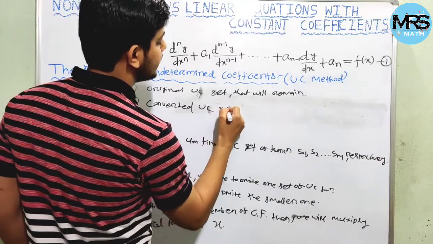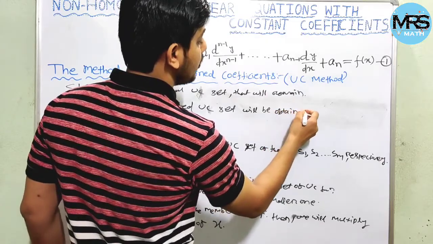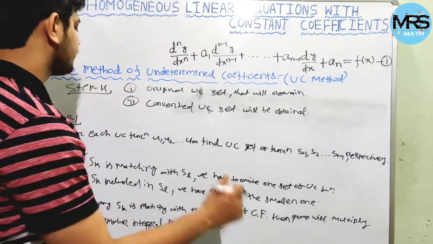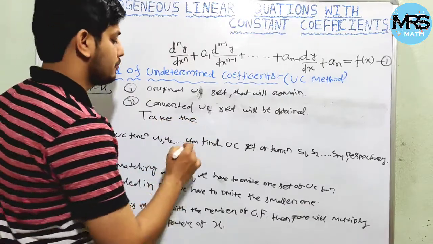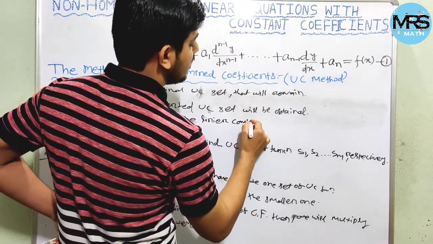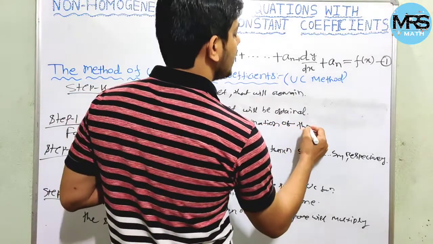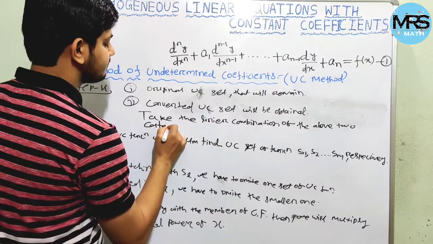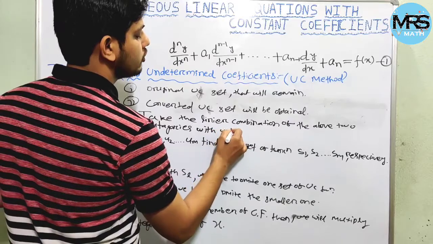If these two conditions hold, from here we will take a linear combination of the above two categories with unknown constants.